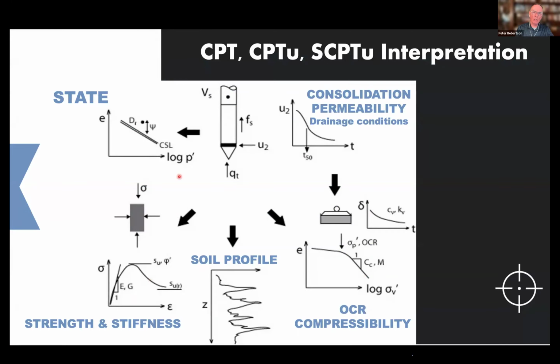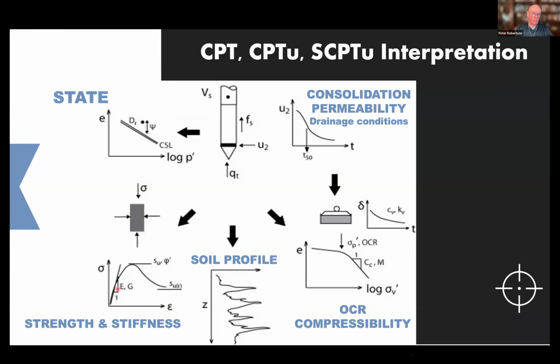So you've got the cone and you've got basic measurements of tip, sleeve and pore pressure and maybe shear wave velocity. And of course, you can determine the state of the soil, so the relative density or the state parameter of sands or the OCR of a clay. And then you can get the strength of the soil, either the frictional strength or the undrained strength, both peak and remolded.